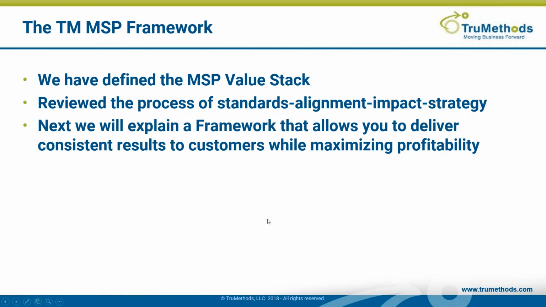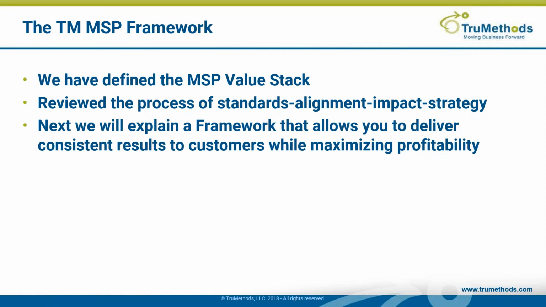So next, we're going to explain a framework that allows you to deliver consistent results to customers while maximizing your profitability. And the main thing is it's a way you can look at the business. This coupled with the pricing model is a framework for you to look at the business that really connects your biggest cost, Bob, your people.